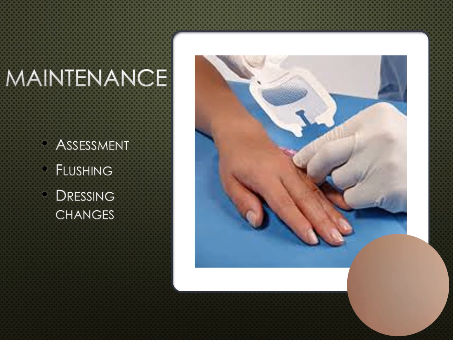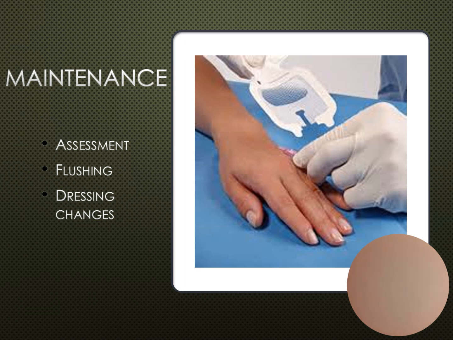Make sure that you always follow facility-specific policies for flushing. Many of these facilities are going to have the pre-filled 5 or 10 ml preservative-free normal saline syringes. The volume amount is usually going to be more than the amount of the internal catheter. Document every flush on the medication administration record.